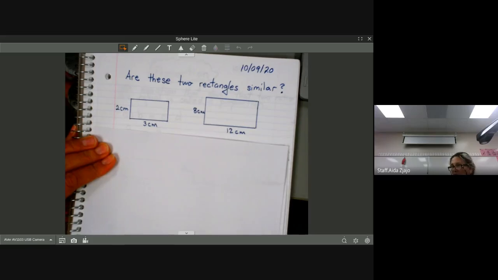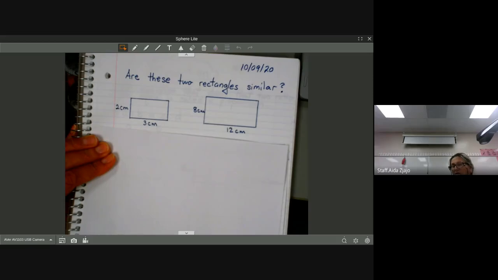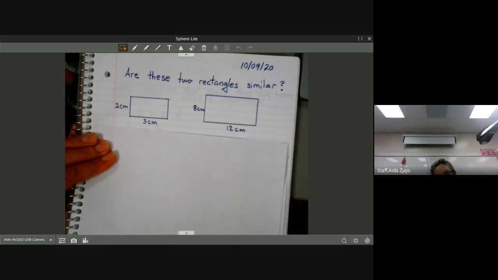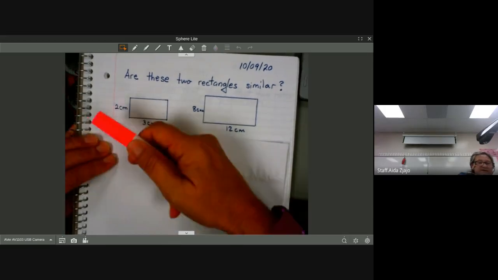They're not congruent, correct? But do they look similar? If they're similar, the sides should be proportional.